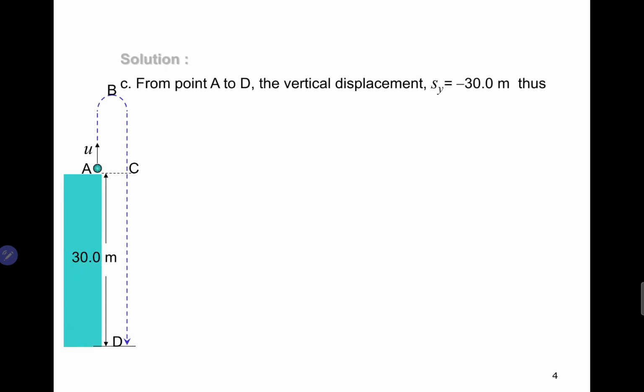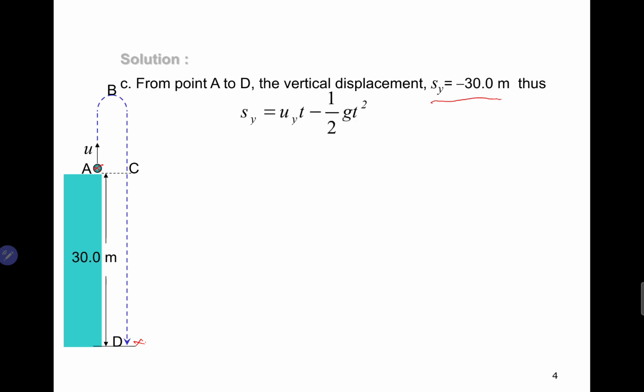Now for C, from point A to D. You refer from point A to D, so the displacement will be negative 30 meters.